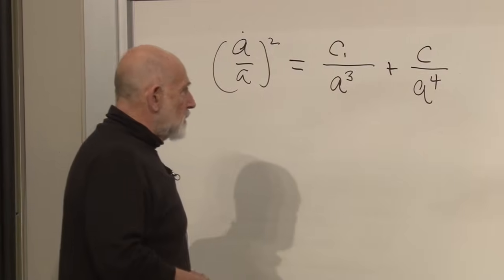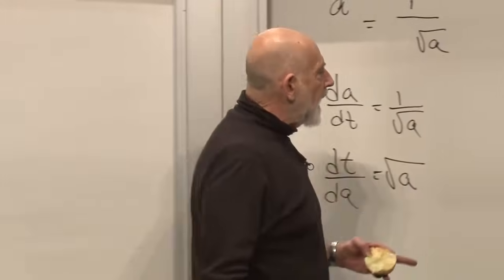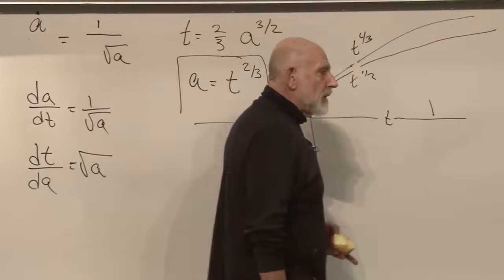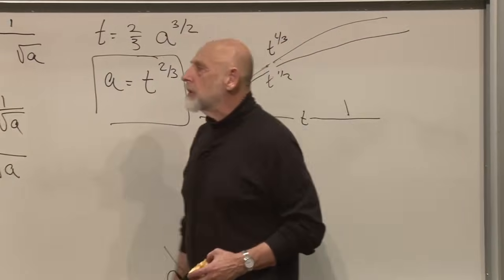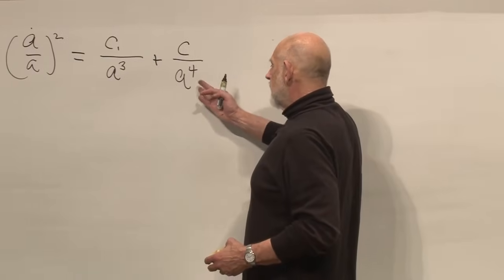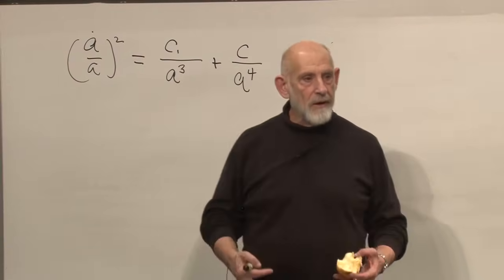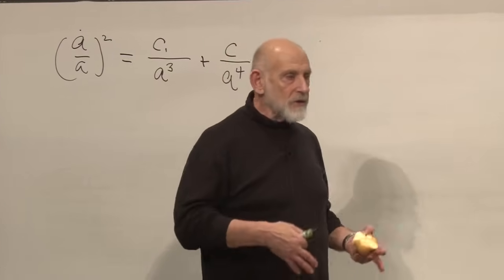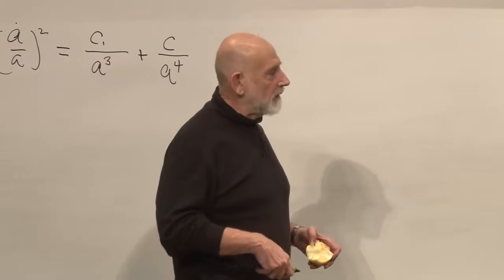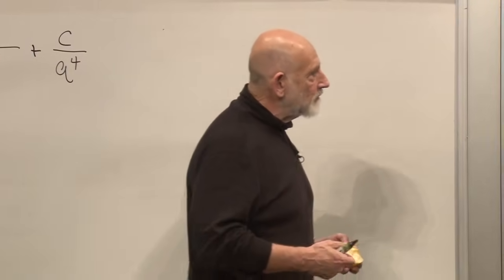So what that tells us, without too much work, is that when a is small, in the beginning of the expansion, the only thing that's important is the radiation. This one. The radiation term is dominant compared to the material, protons, neutrons, galaxies. There were no galaxies at the beginning, but the radiation was the most important thing.